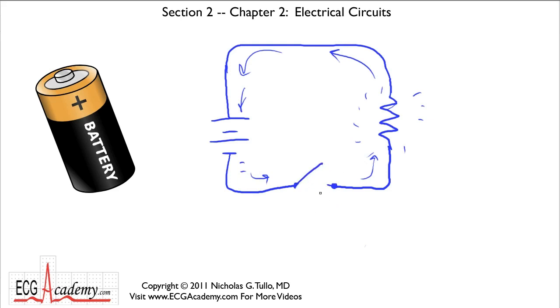That's all well and good, but how do we actually measure what's going on here? Well, there are a bunch of electrical components that can be used to monitor how much current is flowing.